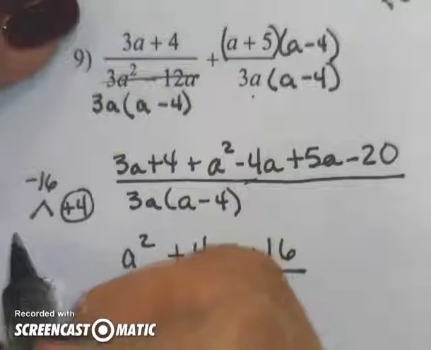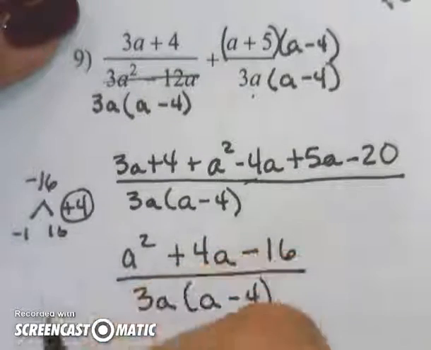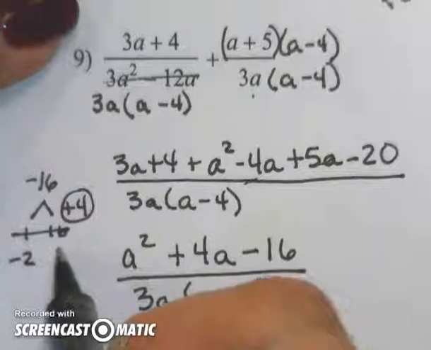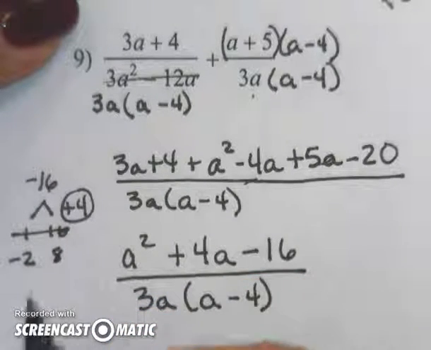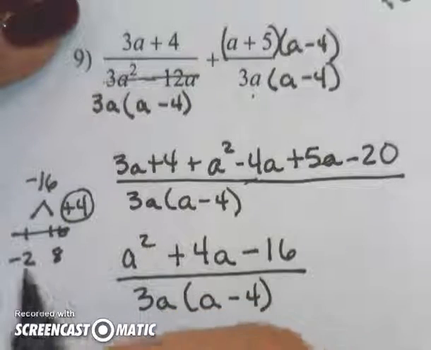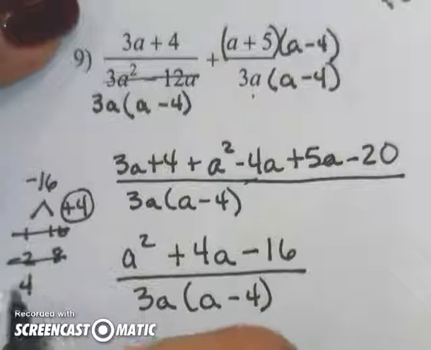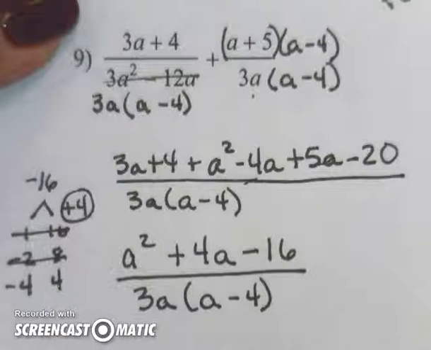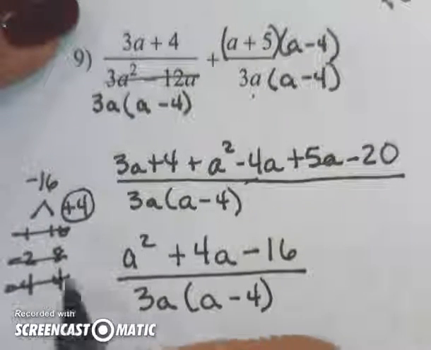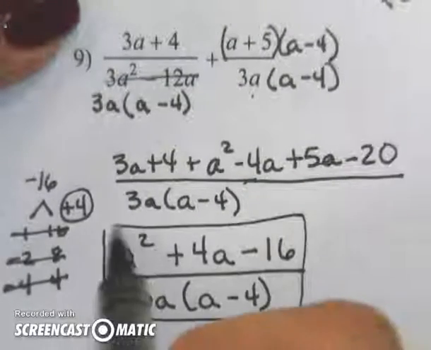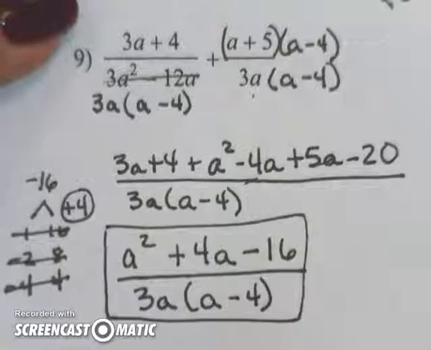That doesn't work. Negative 2 and positive 8? That doesn't add up to positive 4; that gives me 6. Negative 4 and positive 4 gives me 0, so that doesn't work either. So this is my answer, and it is in simplified form.